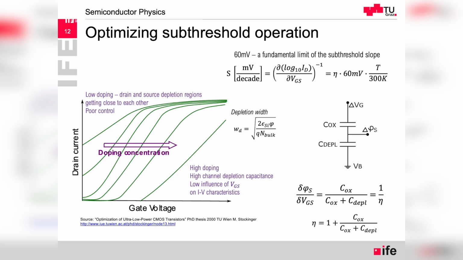One thing we can do to decrease the S parameter and have a steeper characteristic is to run at lower temperatures. The second thing is to have the eta parameter as low as possible. The limit here is 1. We cannot have lower than 1. That's why at room temperature, the fundamental limit is 60 millivolts. And it can only get worse depending on how the transistor is designed.